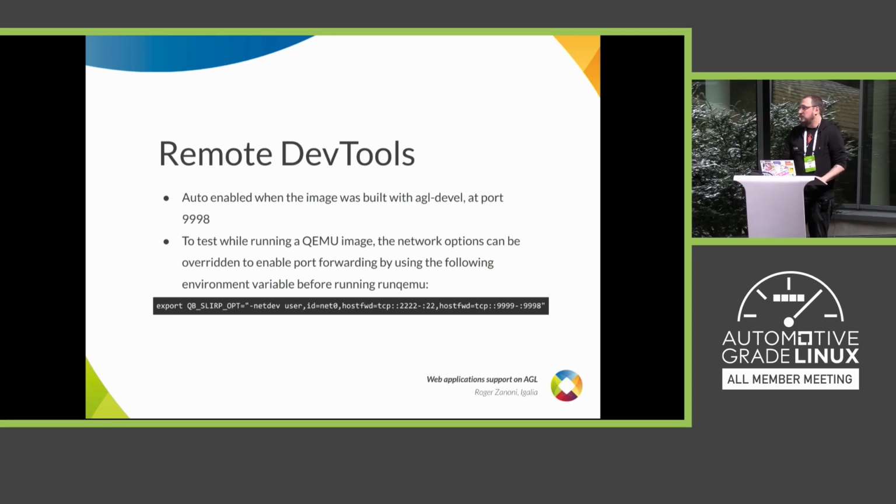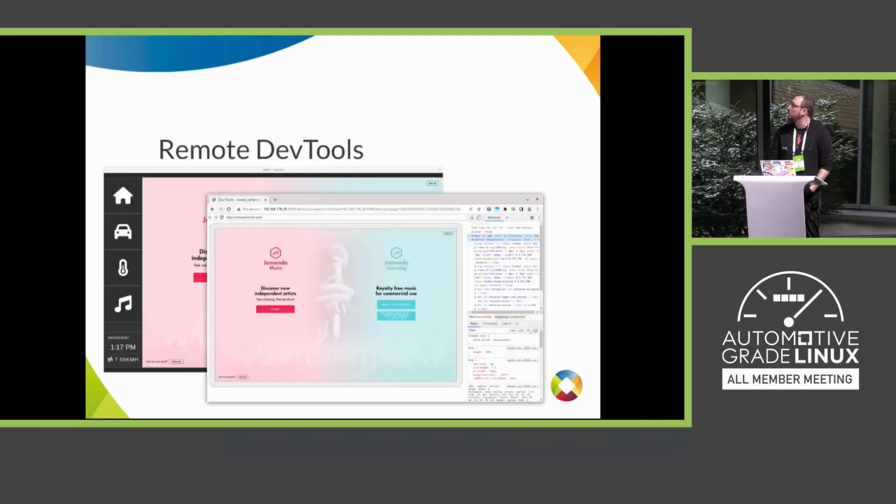Anything that's available on Chromium for debugging and inspecting your source code is also available for AGL. You just need to do some extra setup to redirect to the correct ports. Here's the export that you can use for doing that, and after running QEMU again, you can connect to your image.